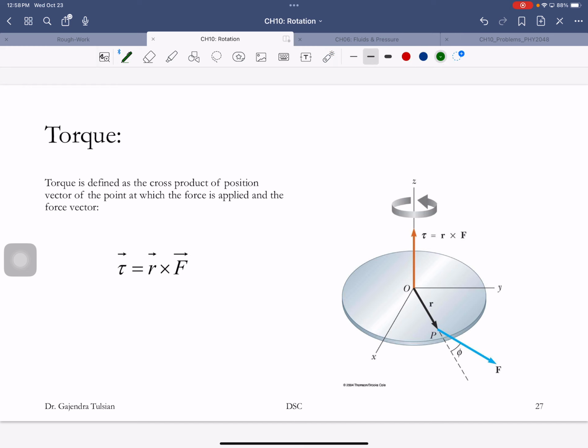This force can be broken up into two components. Here's the perpendicular component, and here's the parallel component. And this force is going through the axis. This force will have zero torque. Only this force will have a torque. And the magnitude of the torque will be the perpendicular force times R.